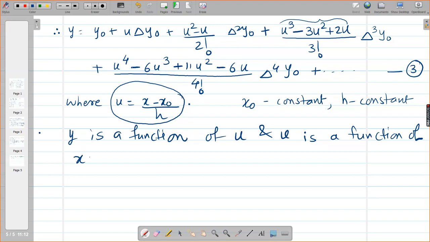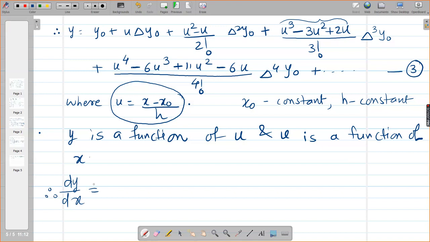So what will be dy by dx? Which rule of derivatives will you use here? First you have to find dy by dx, but first with respect to which variable do you have to derive y? u variable.